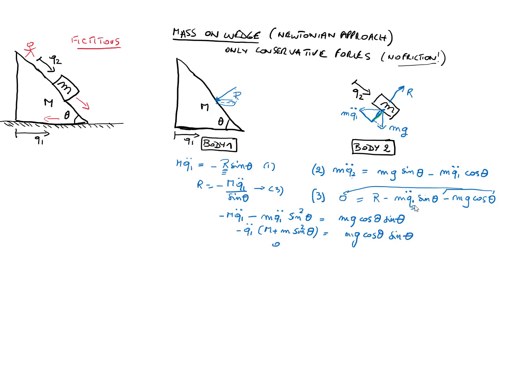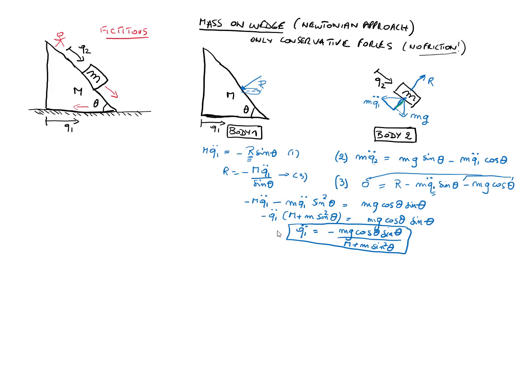And now I have my result, which is minus mg cos theta sine theta over big M plus small m sine theta squared. So this is my result here, and I don't have to forget that this is an x double dot. It's an acceleration, and as I had expected, I have a minus sign. Okay, so the wedge will be going backwards.